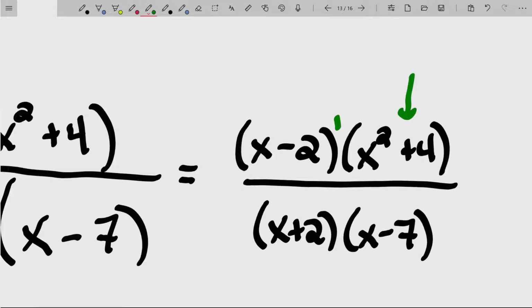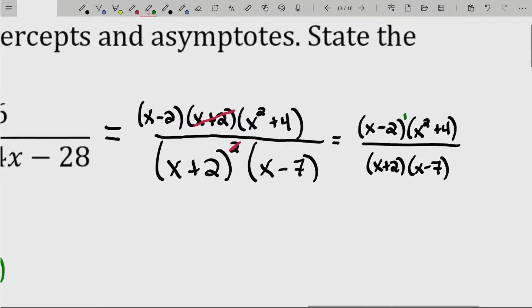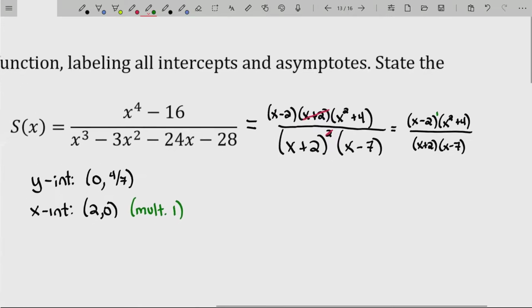If you set that factor equal to 0, it will not give you a real number solution. That is, there's no real number 0 associated with x squared plus 4. And when you graph on a Cartesian coordinate system, you're only worried about real numbers. So do not worry about the x squared plus 4. It does not give you an x-intercept.